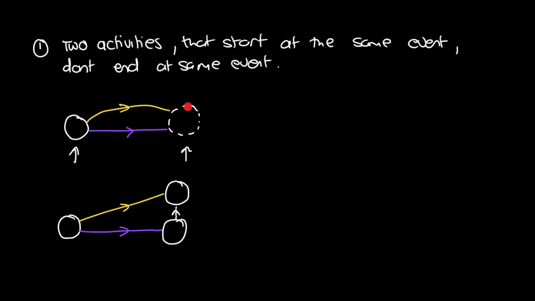So we don't want this situation where you have a parallel kind of line situation occurring. And so instead we're going to create an event here and create an event here and have a dummy activity over there. We can also rewrite it as we have our activities there and this situation with the dummy activity going in the other direction. But the idea is we're going to set up two end events and have a dummy activity connecting them.